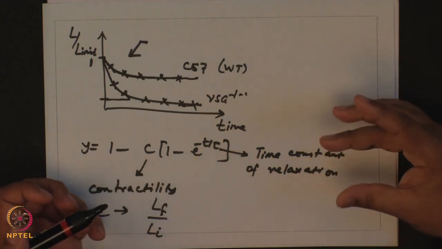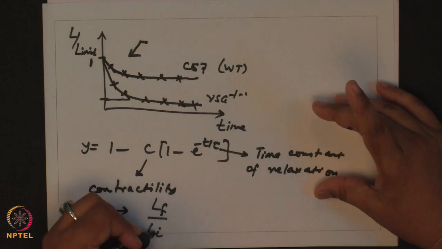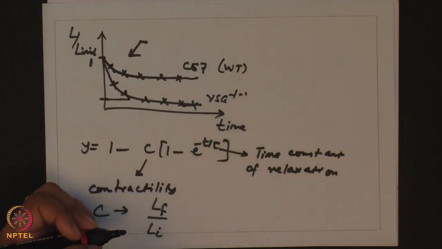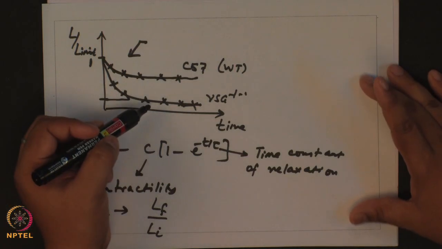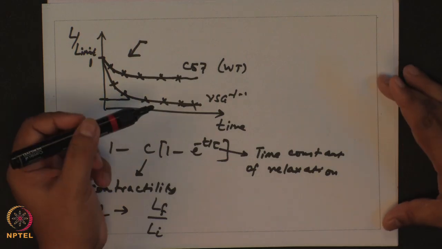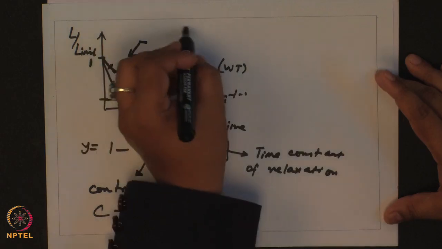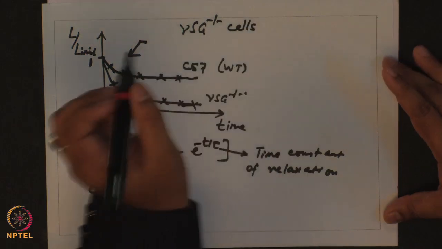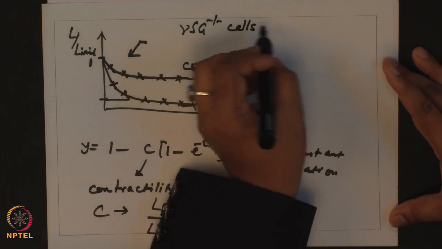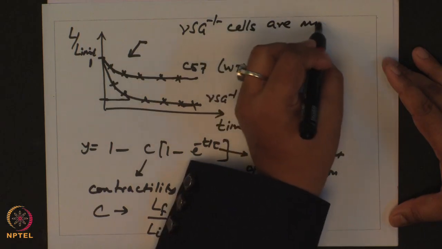If the contractility is less, then L final will be comparable to L initial and you will get a lower value of c. So, compared to C57, the gamma sarcoglycan deficient cells are more contractile. So, what you can conclude from this experiment is cells are more contractile.